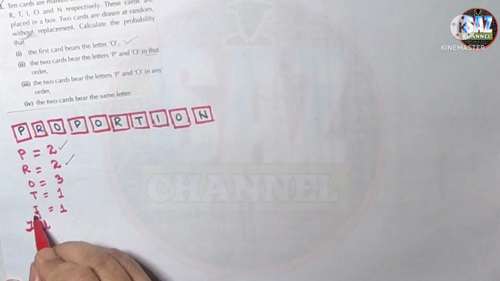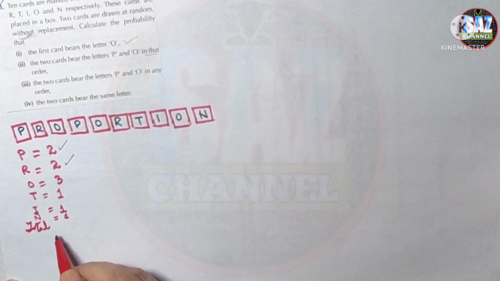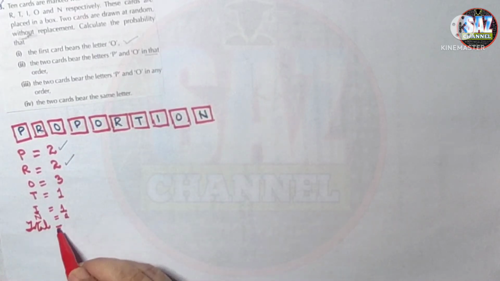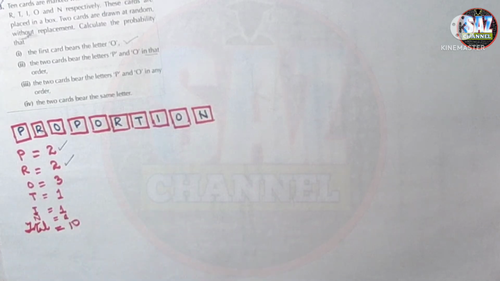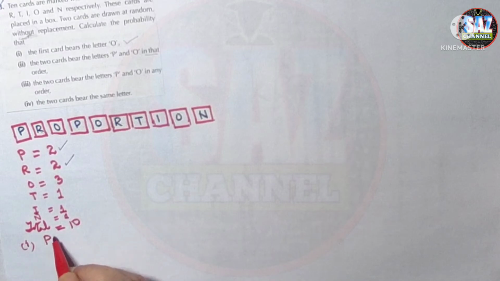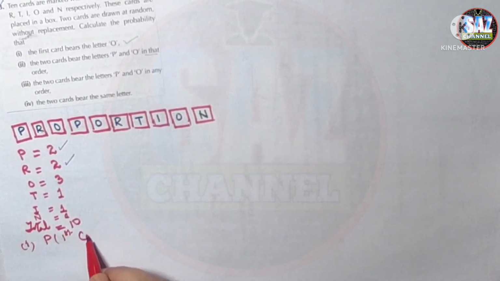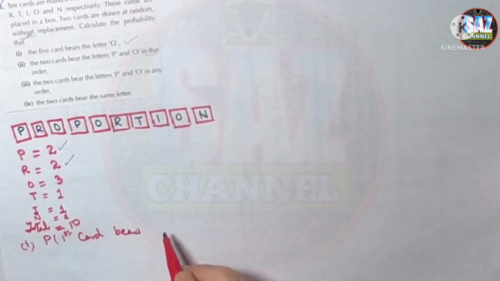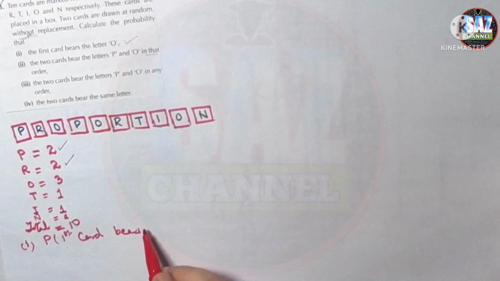N is coming once only, and the total are 4 and 3 is 7 and 1 is 8 and 1 is 9 and 1 is 10. Now the first card bears the letter O, so the probability of the first card bearing the letter O.